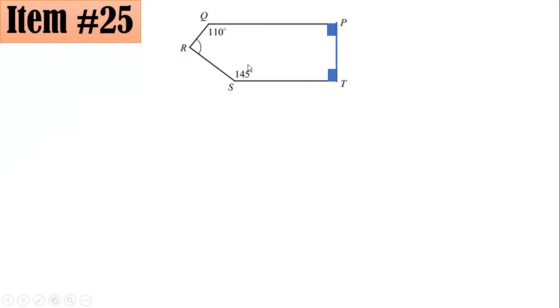And since QP and ST are parallel with one another, if you draw a segment that is perpendicular to one of them, then it is also perpendicular to the other segment. That's why even if I draw here, it will still be 90, 90. And you could actually see that this is in fact a pentagon.